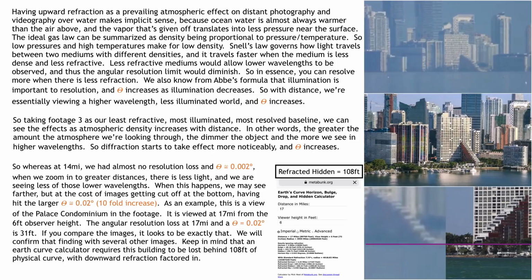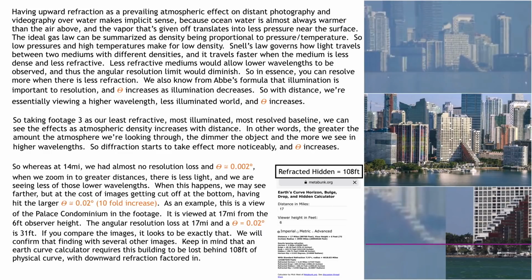So again, here's the Palace condominium on the right. It's that structure with the triangular outcropping. At the top is the video footage, and you can see about 30 feet worth cut off when you compare that to a closer up skyline view.